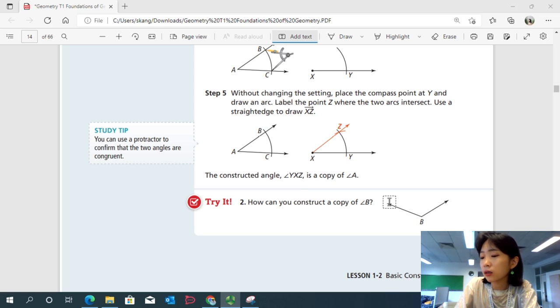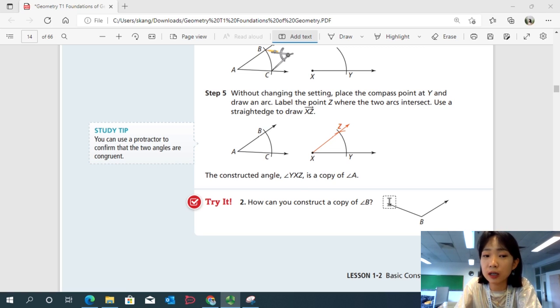Then mark your endpoint, and draw an arc that goes through your original angle. Using the same setting, draw the same arc and mark the intersection point on your ray. Then adjust your compass again on your original angle between your two intersection points.